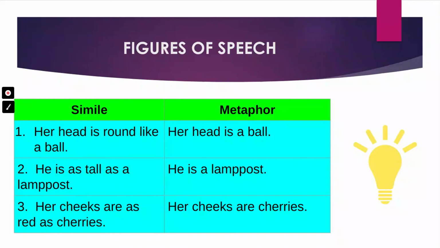The simile depends on the words as and like to make the comparison. The metaphor does not. In some cases, the comparison is not stated directly in the metaphor. The comparison is sometimes implied.